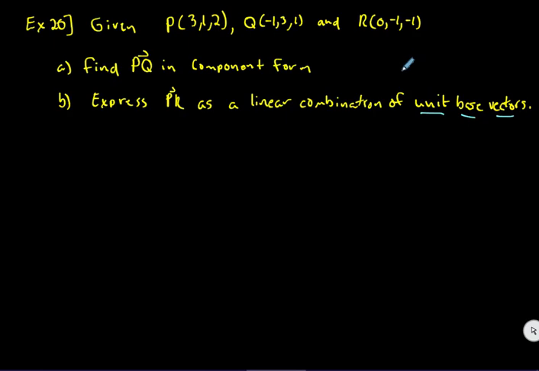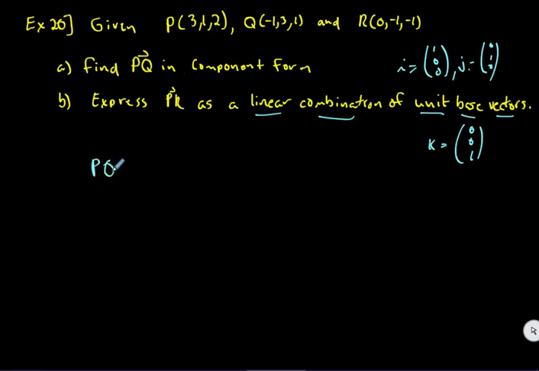So if you remember, the unit base vectors for three dimensions: I would be 1, 0, 0, J is 0, 1, 0, and K is 0, 0, 1, if you remember that. So that's going to be the linear combination. That's what they want from this. But first, let's do PQ in component form.